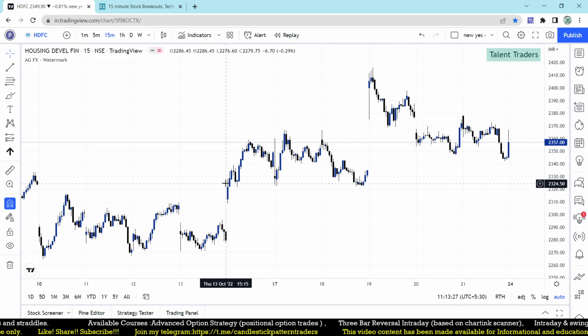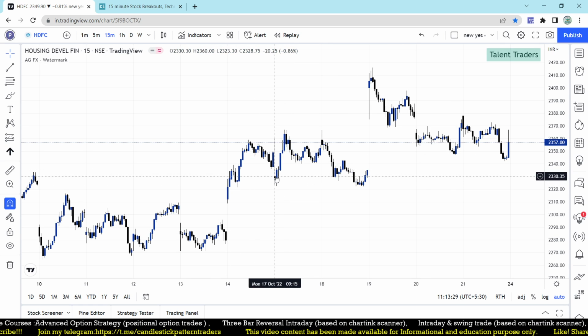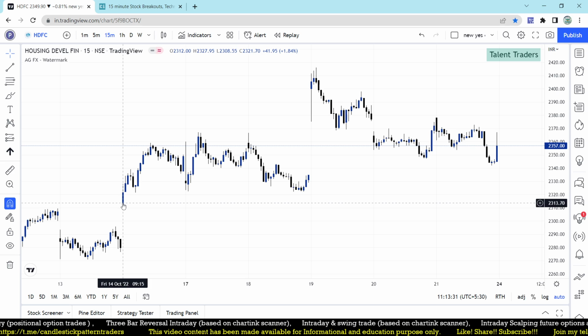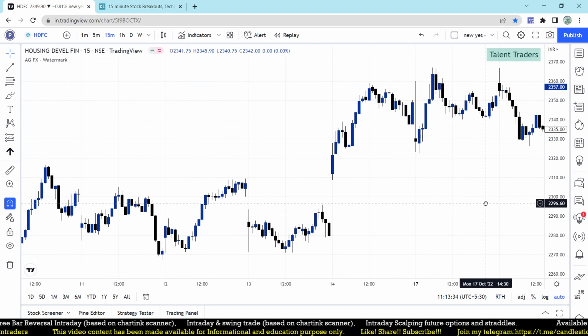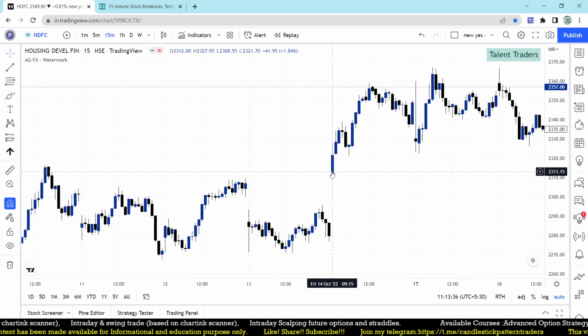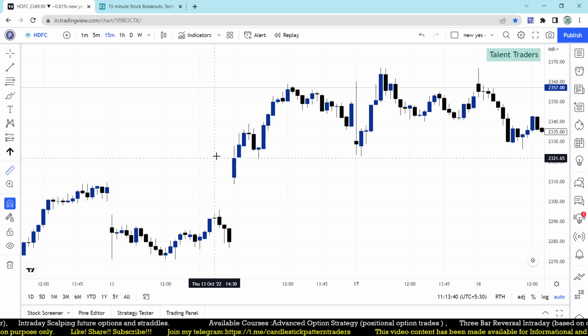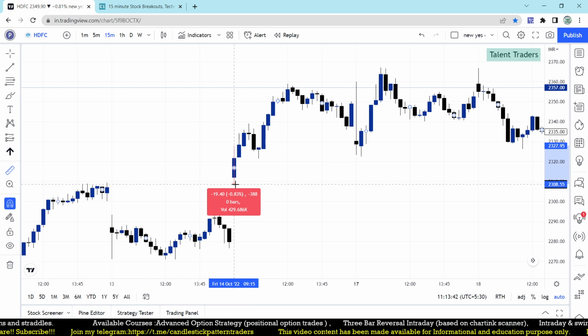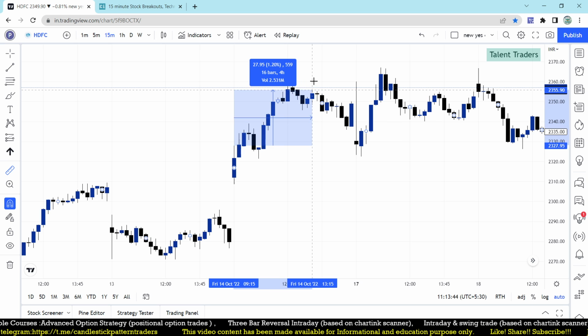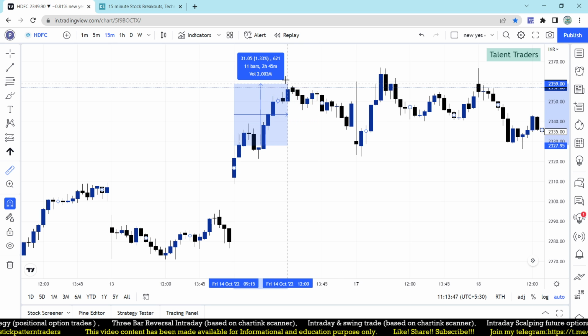This is the 14th. So there is an opportunity in HDFC Bank. On 14th August there is an entry point around, let me check. This is the entry point, 19 rupees, and it moves to somewhere around 31 points.